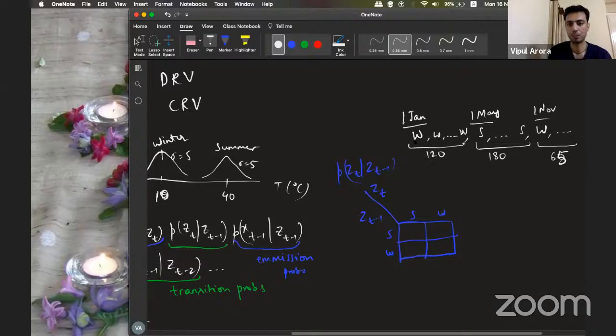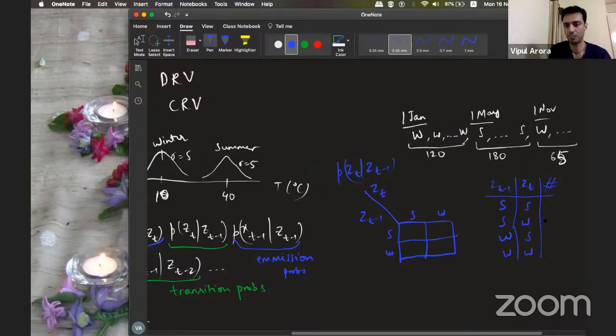Let me write it down: Z_{t-1}, Z_t, and the count.